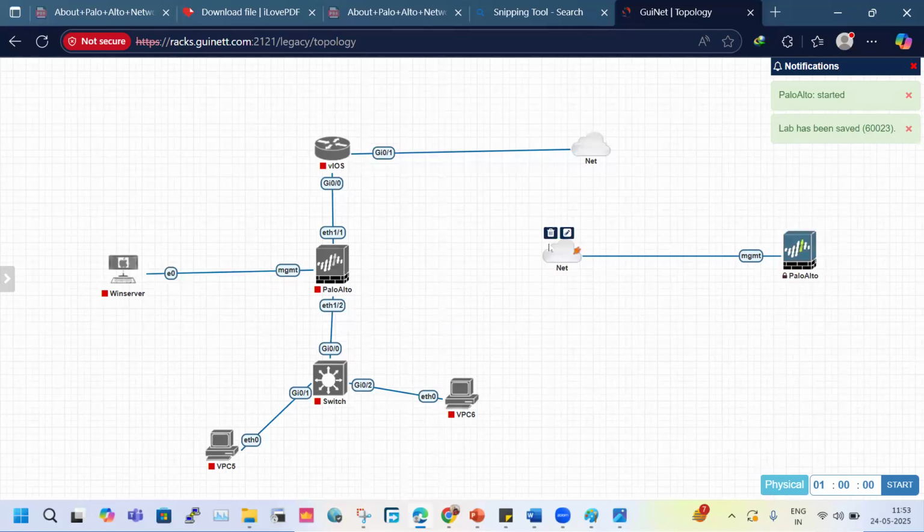You will get this lab access also, and you can practice the lab with me. We will see each and every scenario practically with this lab, and we will try to achieve every scenario here.